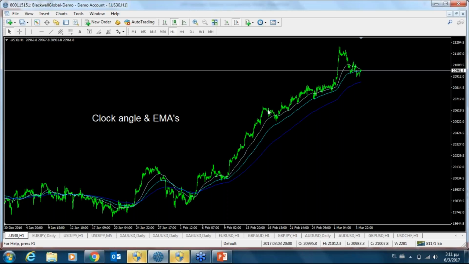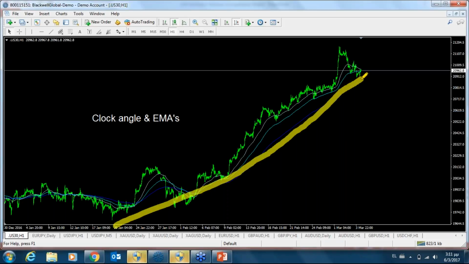Here we've got clock angle, very simple. You just need to zoom out, totally zoom out until you can no longer zoom out, and then you would see that whole stretch of trend, the most obvious biggest trend that you can see, and look at the angle that it's trading at. It could easily be an angle like this one here, from here all the way up there, so you could say it's between a 1 to 2 o'clock angle.